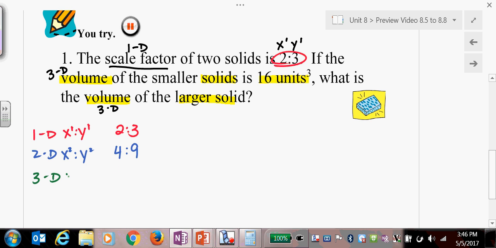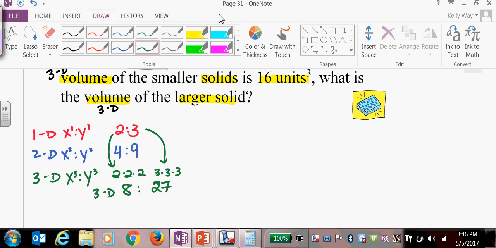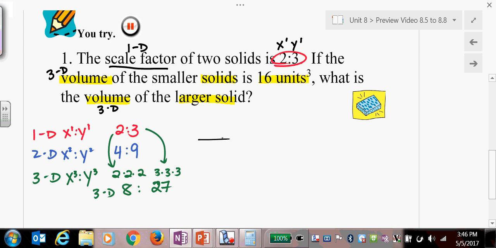Our third dimension is going to be x cubed, y cubed. So we ask ourselves 2 times 2 times 2, that's 8. And then 3 times 3 times 3, that is 27. That's our 3D ratio. Now we're going to go small to large.